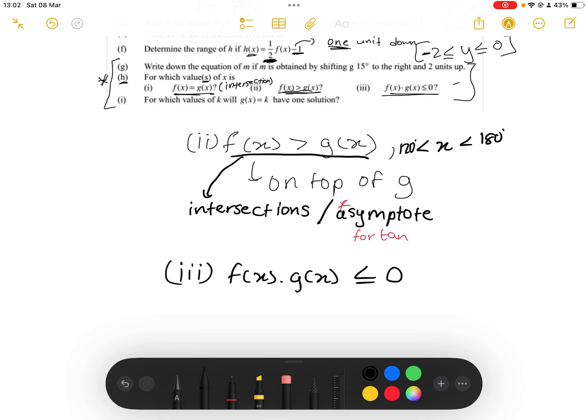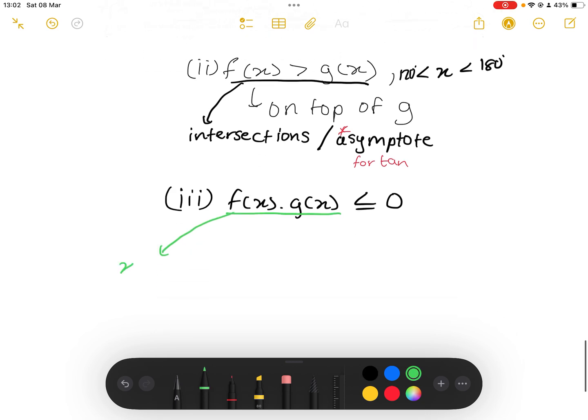So that means f at x times g at x is less than or equals to 0. Now, what is going to assist you here? The one thing that is going to assist you is the x-intercepts, and the asymptotes too for tan.